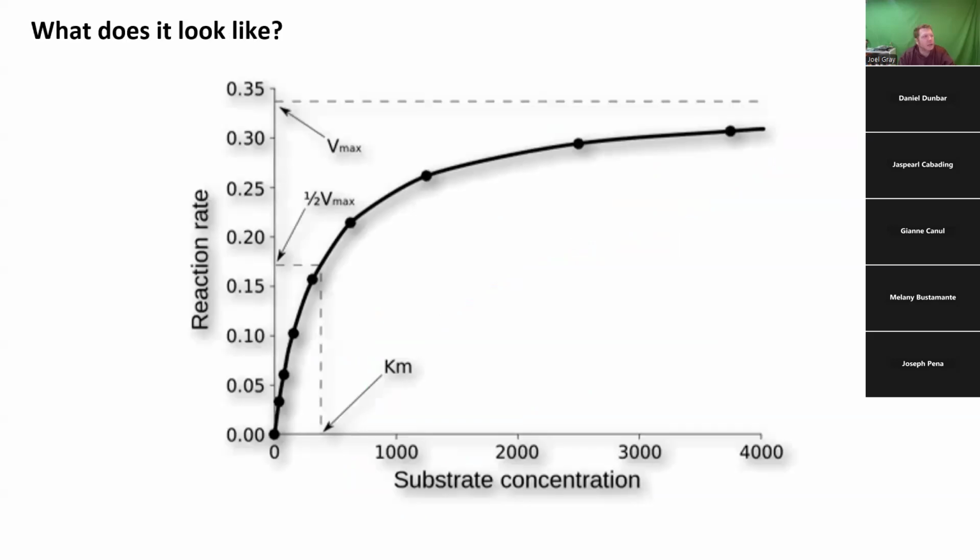Now, this is what an example of an enzyme catalyzed reaction plot looks like. This is also known as a Michaelis-Menten plot.